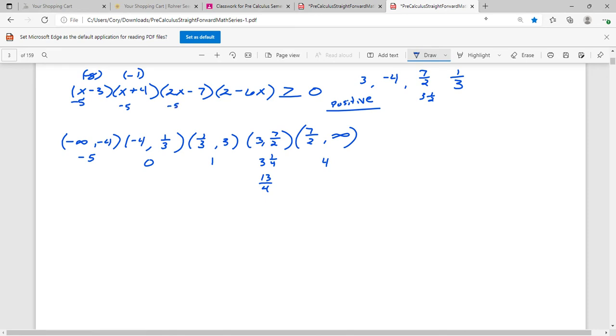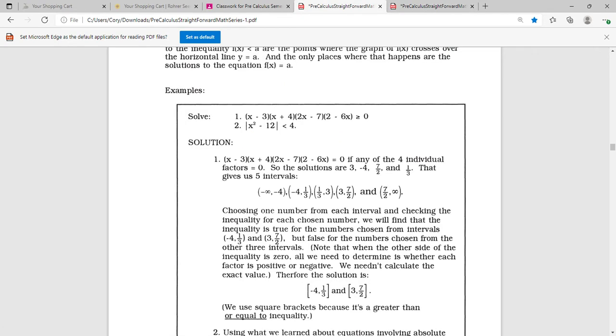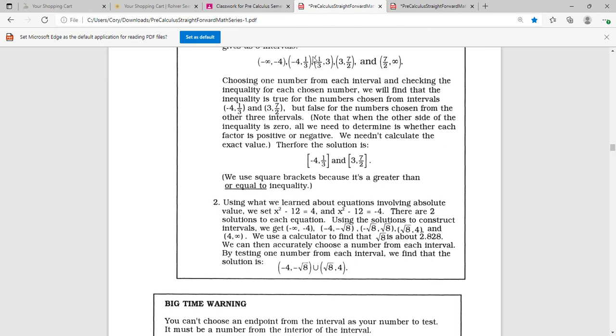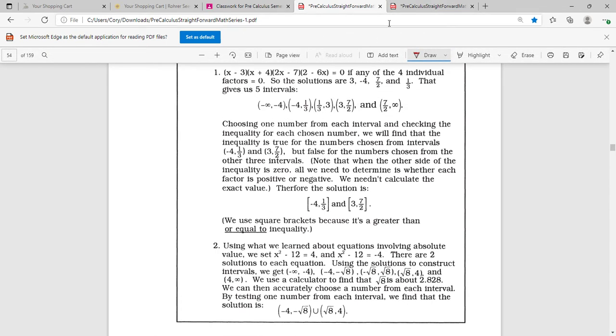Negative 5 times 2 would be negative 10. Minus 7 would be negative 17. And then 2 minus 6 times negative 5, which would be positive 32.